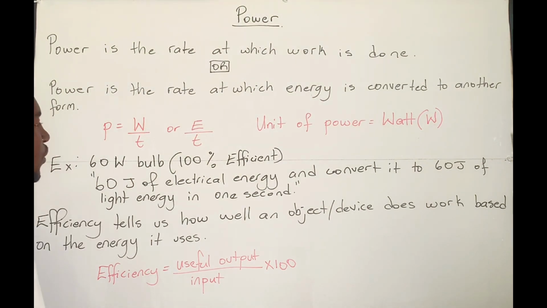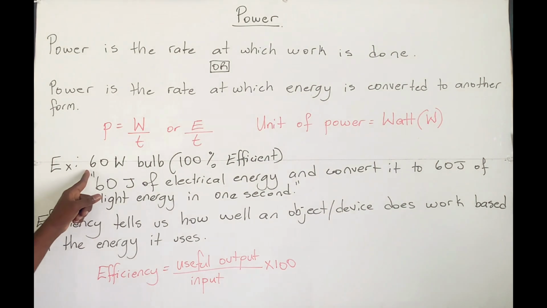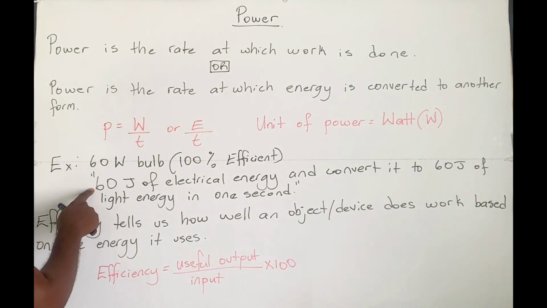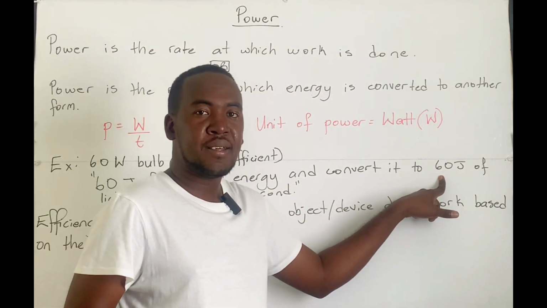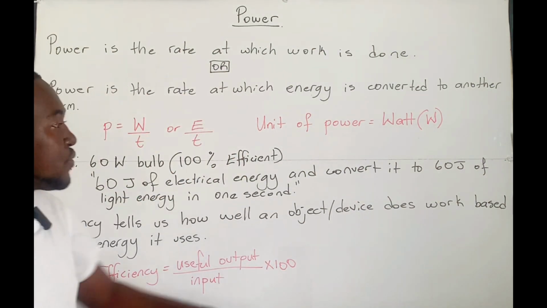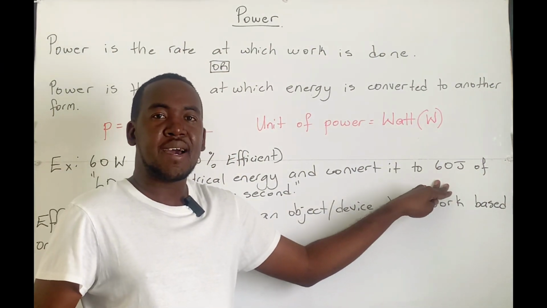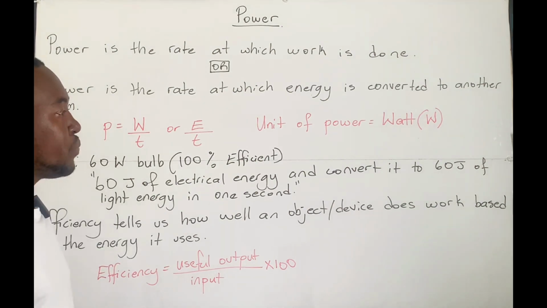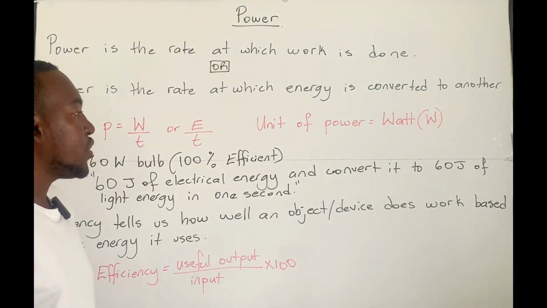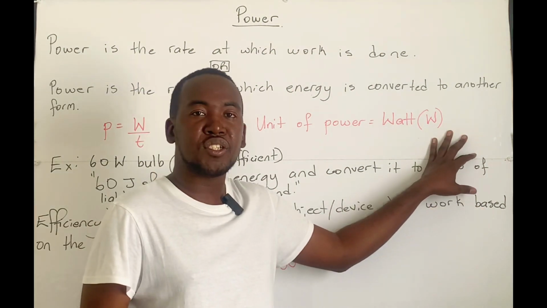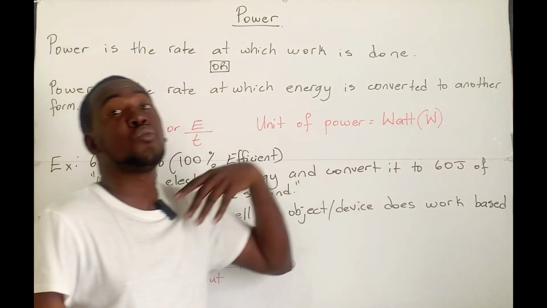So when we buy a bulb that is 60 watts, it takes 60 joules of electrical energy, but instead of converting it to 60 joules of light, it possibly will give you 40 joules of light, and then the 20 joules will be lost as heat. So you're not getting out as much as you're putting in.